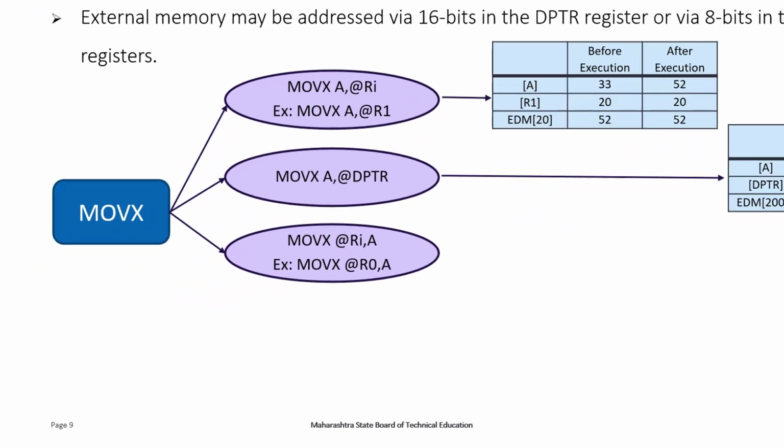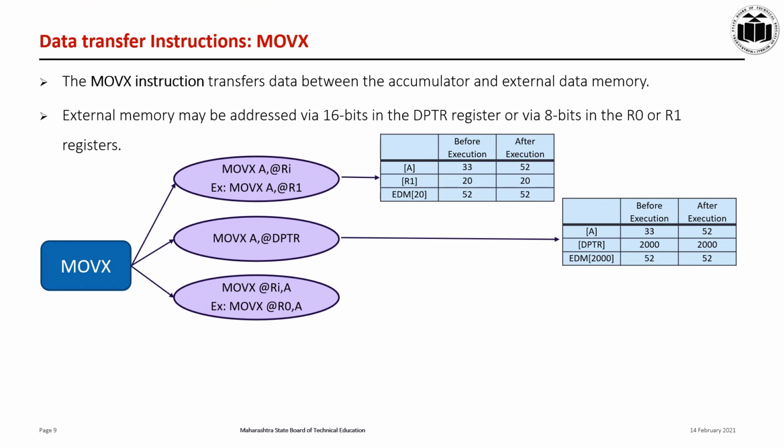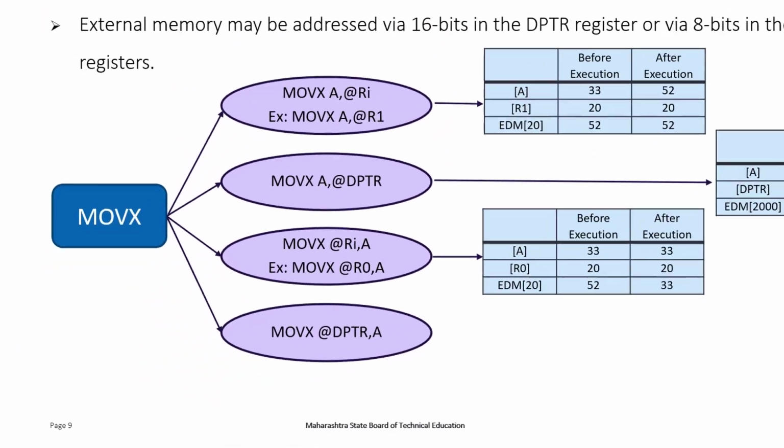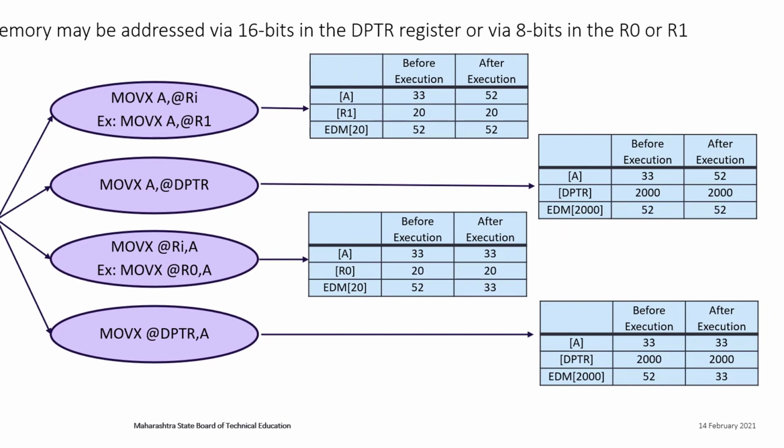MOVX @Ri, A. This instruction will move the content of accumulator to external data memory location pointed by Ri. MOVX @DPTR, A. This instruction will move the contents of accumulator to external data memory location pointed by DPTR.